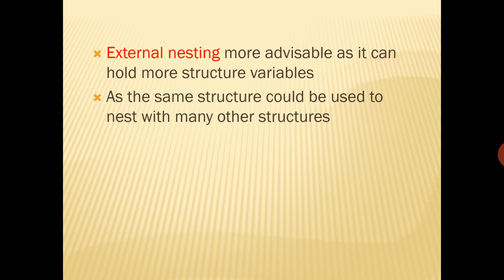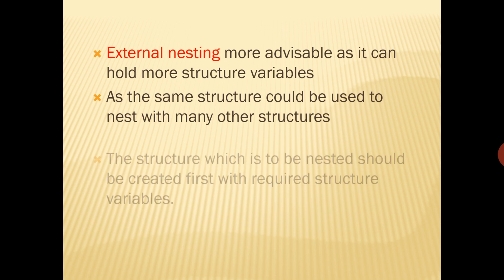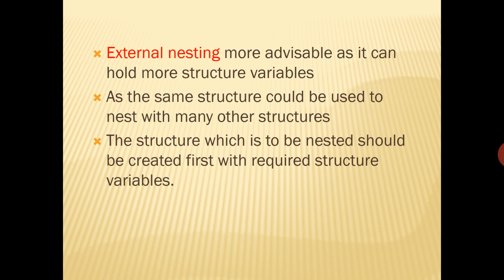So that is what I tell you, that external nesting is more advisable as it can hold more variables. The structure which is to be nested should be created first with required structure variables. If we create and keep it first separately and have the required number of variables, we can nest it in the different structures wherever it is required.